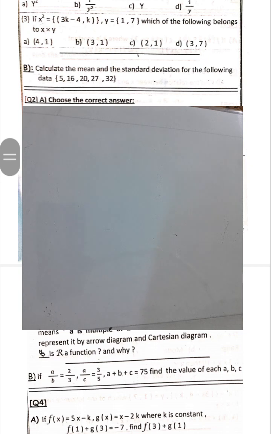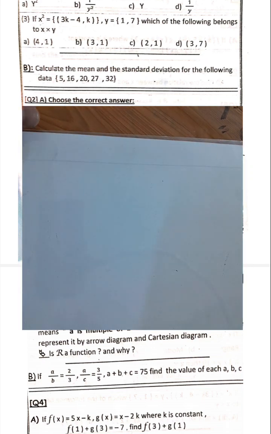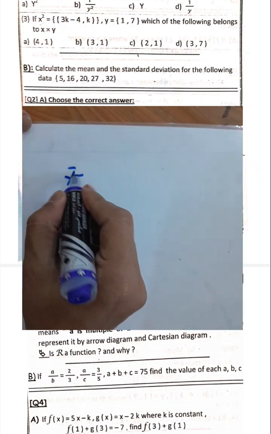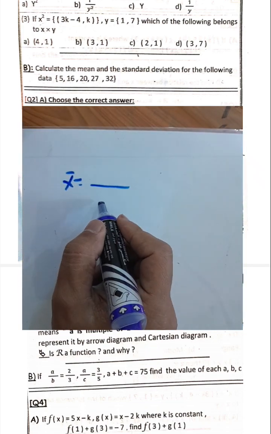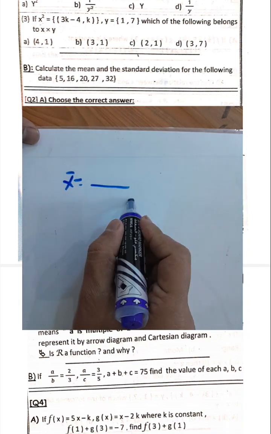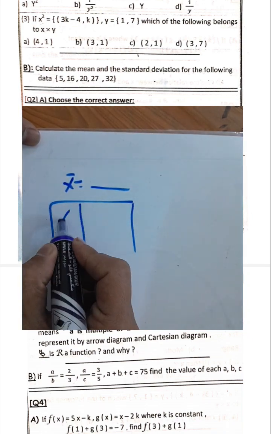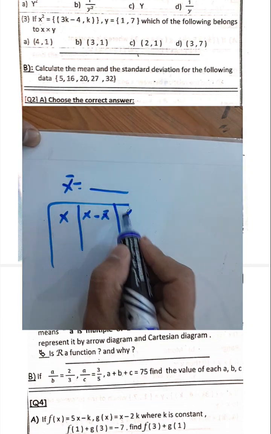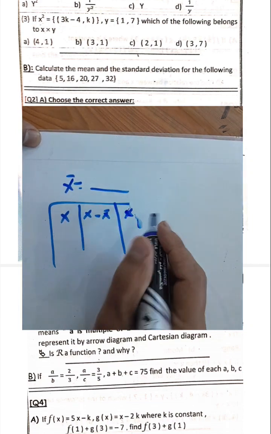Next question, letter B. Calculate the mean and standard deviation of the following data. Next question, we can find x bar: the first step is the sum of all values divided by the number of values. Then we can draw the table of x, x minus x bar, and x minus x bar all power 2.